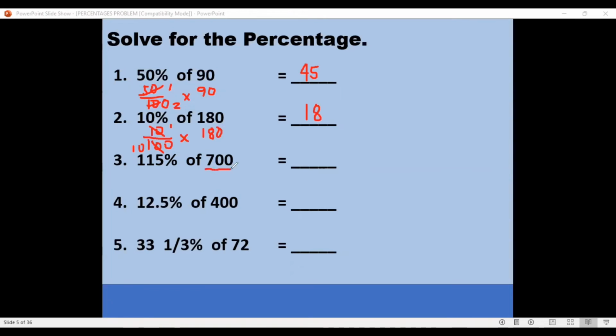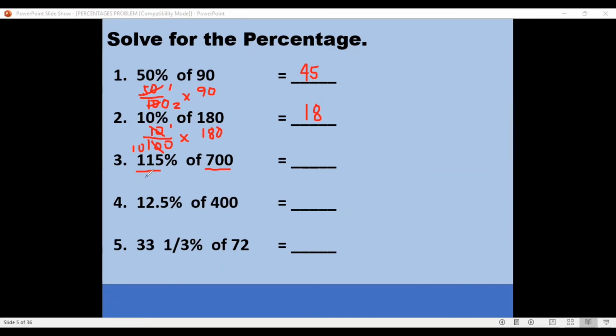So this is a scenario wherein you are expecting an answer which is more than the 700, because this is more than 100%. 100% of 700 alone is already 700, and there is another extra 15%. So one method is we can have 100% of 700 is 700 plus the 15% of 700.